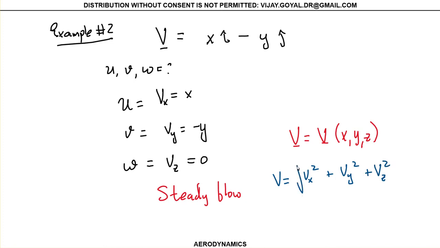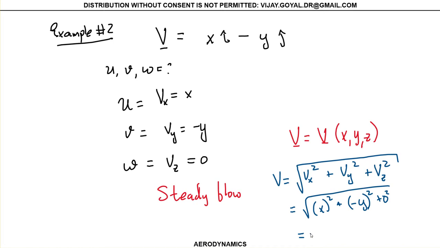We often call the magnitude speed because the velocity is a vector, and speed is just the magnitude. So squaring all of these terms will give you x squared plus minus y squared plus 0 squared, so that will give you a value of x squared plus y squared.